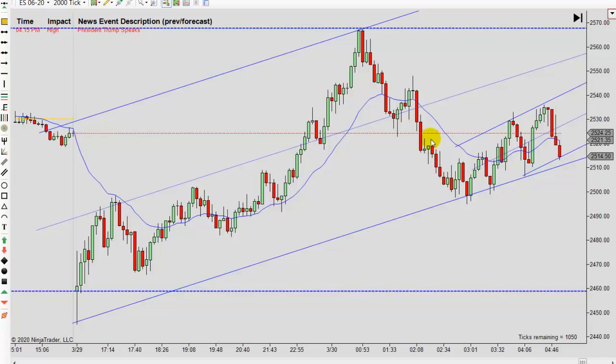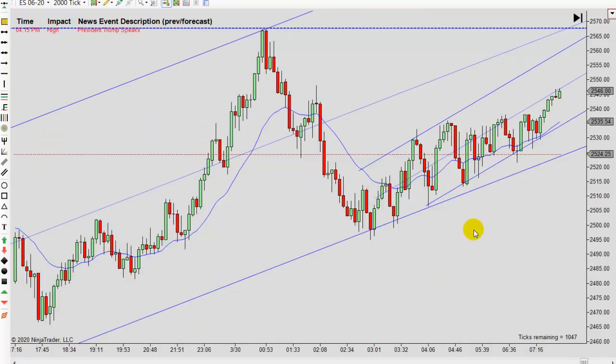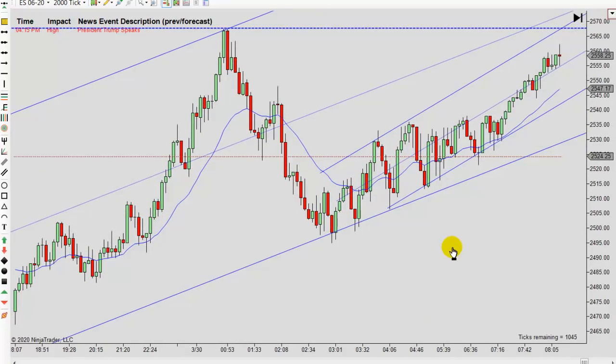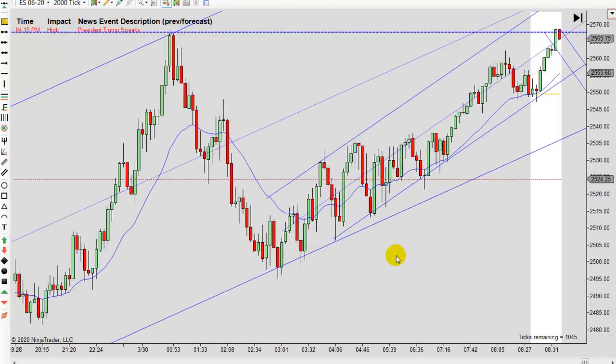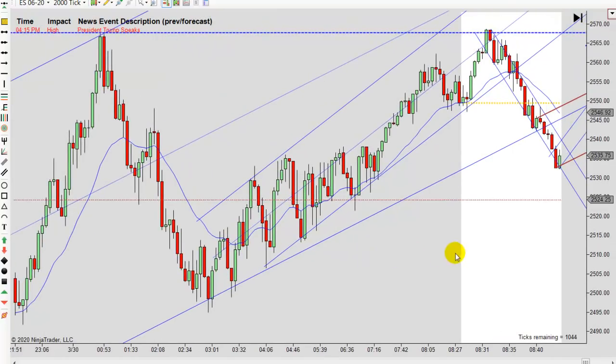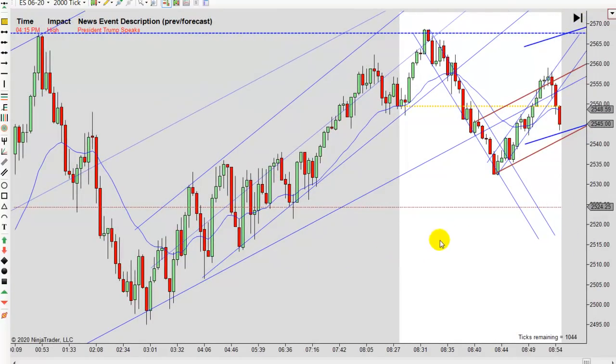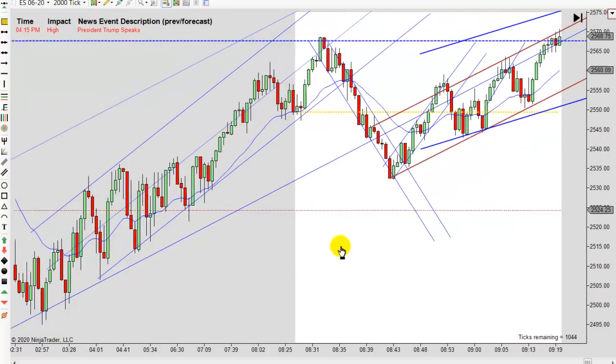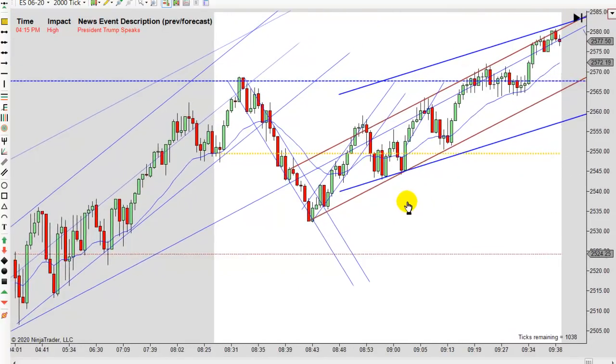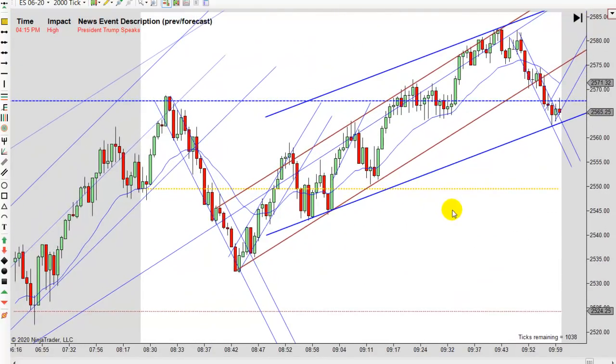Just because you see a break higher doesn't mean it's a second entry, or if it breaks lower, it doesn't mean that it's a great entry. I wish I could find a real quick example of one that looks really good. Anyway, I hope that makes sense. But that's really what I'm trying to get across.